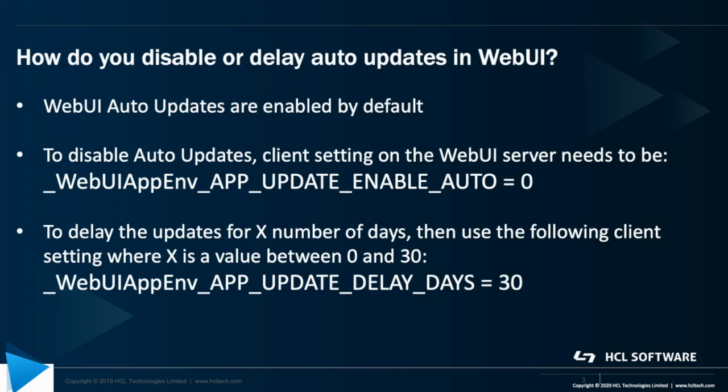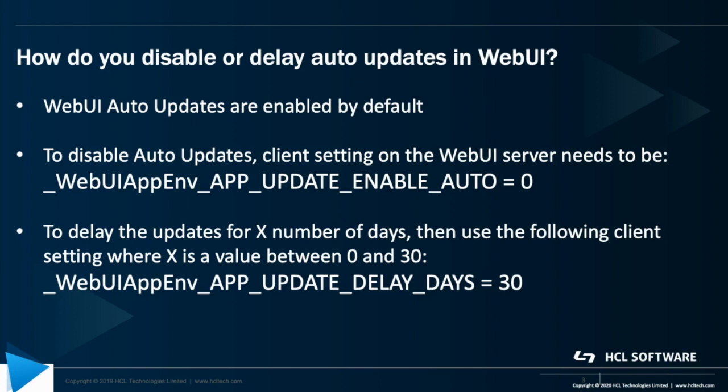WebUI auto updates are enabled by default, and you will receive these updates assuming you're not operating your BigFix deployment in air gap mode. Here, we have a client setting that needs to be enabled on your WebUI server. If your WebUI server is co-located on your BigFix root server, then you will enable this client setting on your BigFix root server.